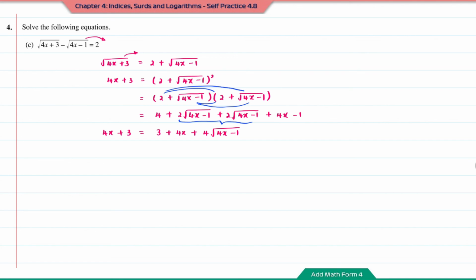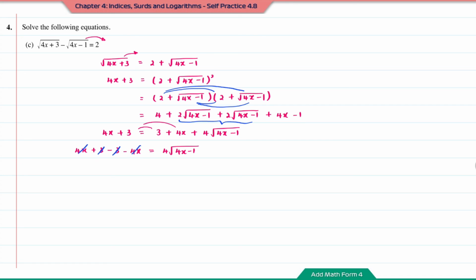So next, I'm going to move this 3 and this 4x to the left hand side. Therefore, you're going to get 4x plus 3 minus 3 minus 4x. So here 4x minus 4x will be eliminated and 3 minus 3 will be eliminated.